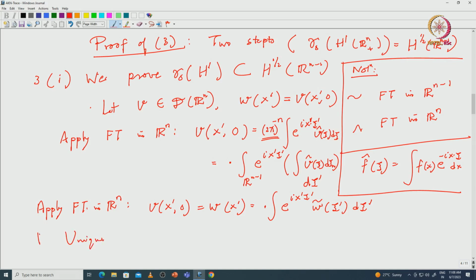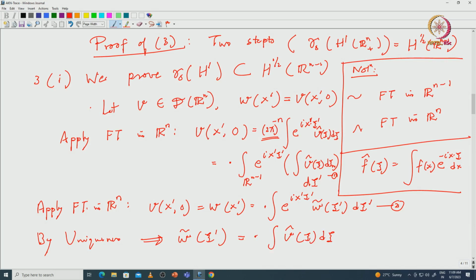By uniqueness, this implies this is W tilde. Compare 1 and 2, and you will get W tilde of psi prime is equal to some constant times the integral of V hat.